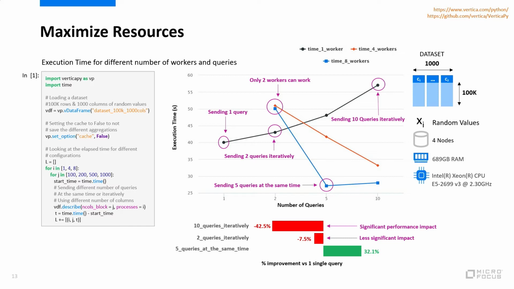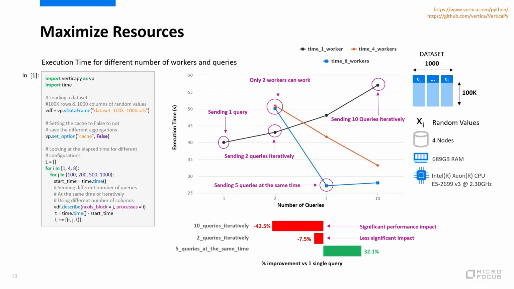And still, if I want to send iteratively, I can; it takes maybe twice the time of one big query, sometimes only 7% more time. But as I said, when you're sending the queries iteratively, you are not hurting the system at all. You are really sending smaller queries than the bigger one.